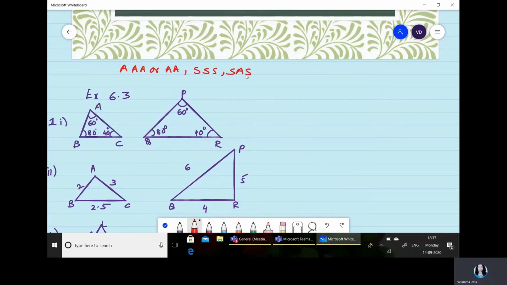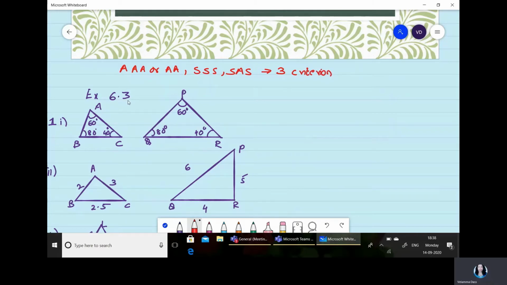Coming to SAS, if the corresponding angles of both triangles and the included sides of one triangle are proportional to the other triangle, then we say that the two triangles are similar by SAS criterion. So we have only three criteria for proving that two triangles are similar.